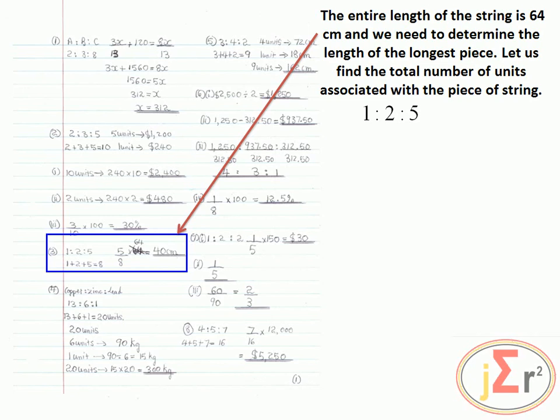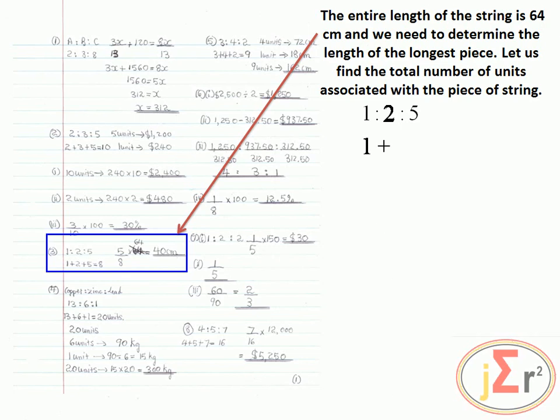So the entire length of the string is 64 centimeters, and we need to determine the length of the longest piece. So let us find the total number of units associated with the piece of string, because the entire length is 64. So we need to determine the number of units associated with the 64.